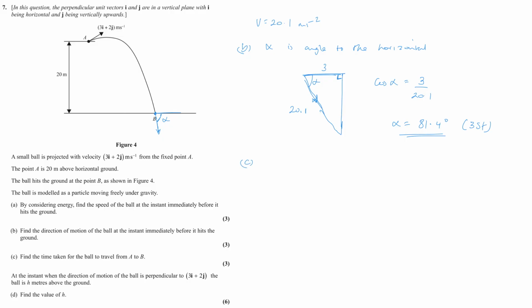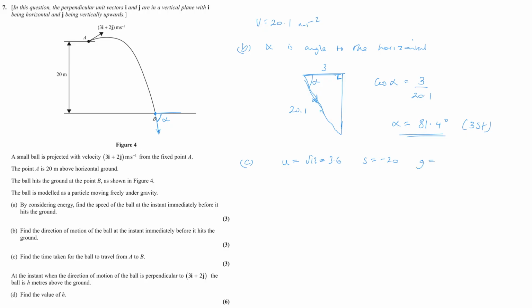Okay, part C, find the time taken for the ball to travel from A to B. So we've got u, we know is root 13, which is 3.6 meters per second. We've got s is 20. If I'm taking this as the starting point, going down, minus 20.